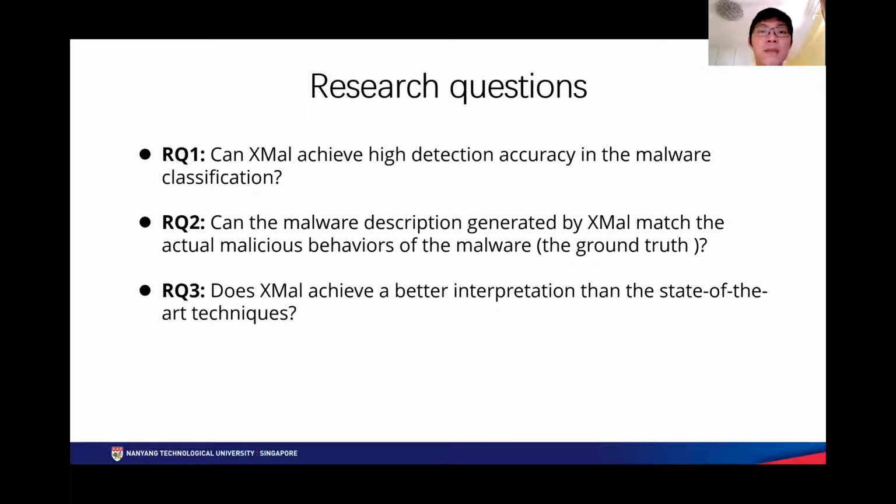We also conduct experiments to answer three research questions. The first one is, can XML achieve high detection accuracy in malware classification? Since the malware detection accuracy should be high enough, otherwise the interpretation will be meaningless, right?